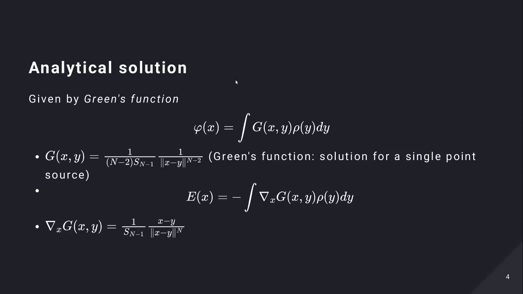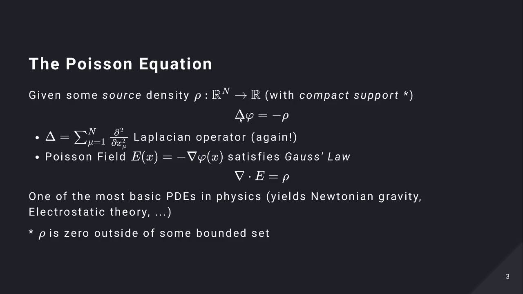Now, this equation has an analytical solution given by what's called the Green's function. A quick mention that the Laplacian operator here is linear, so it's a linear operator acting on some function to another function, and so at some high level, this is just a linear equation.